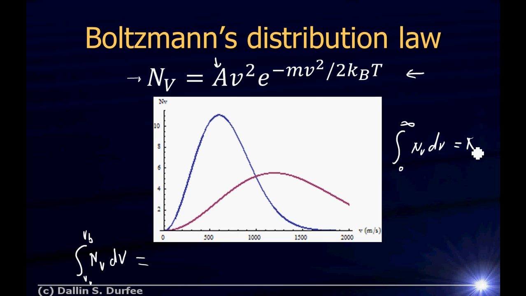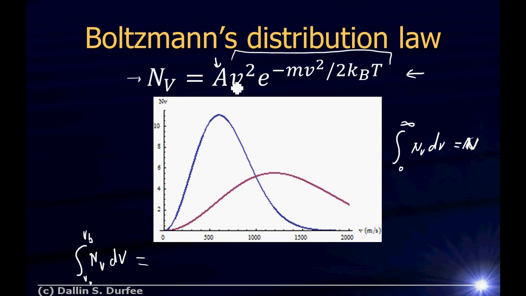All right? So all this stuff that's in front of this equation in your book, it's really just a normalization constant. It's the thing we have to put in front of the interesting physics such that when I do this integral, I get the actual number of particles, the total number of particles. All right? So that's what N_v is.